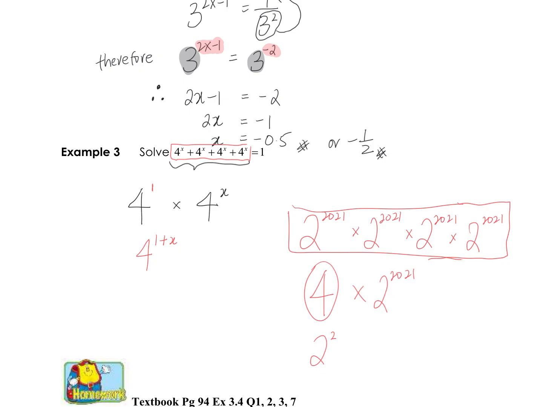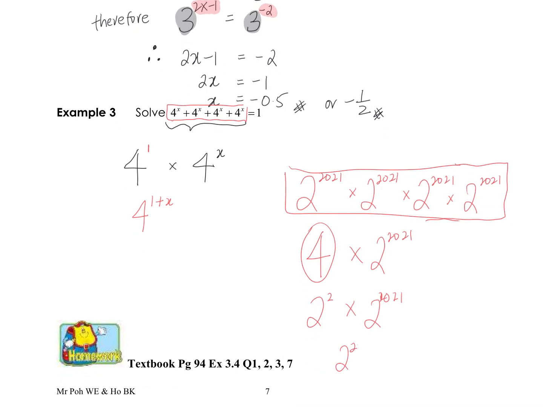Isn't it the same thing? And then you add the power up. So no matter how complicated it seems, you can always count how many times it is. So 4 times, right? It must be able to change to a base 2 number. And then you combine them into this.